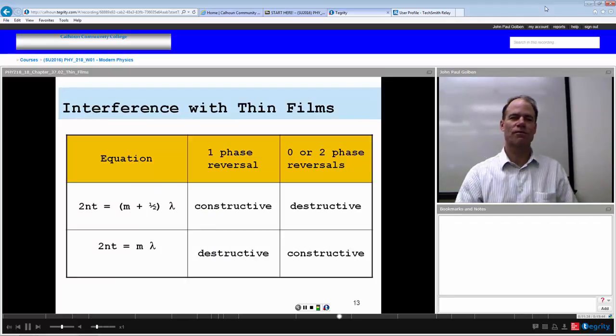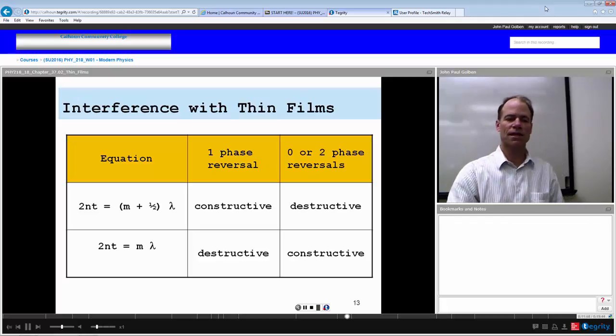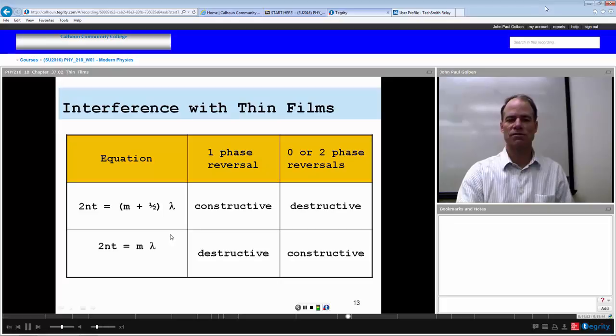So for interference with thin films, the equation to use for one phase reversal is 2nt equals an integral number of half wavelengths for constructive interference, and destructive for 0 or 2 phase reversals. Then just reverse that: 2nt equals m lambda for destructive interference for one phase reversal, and constructive interference for 2 phase reversals.